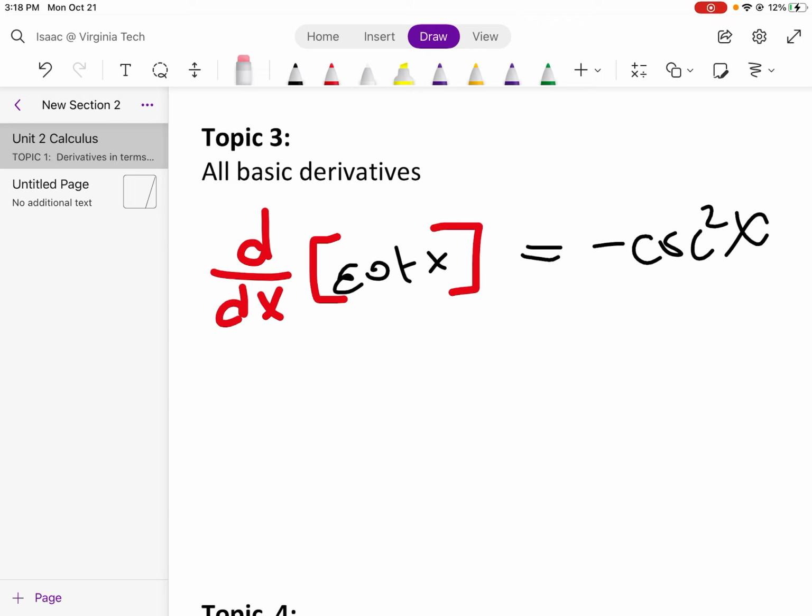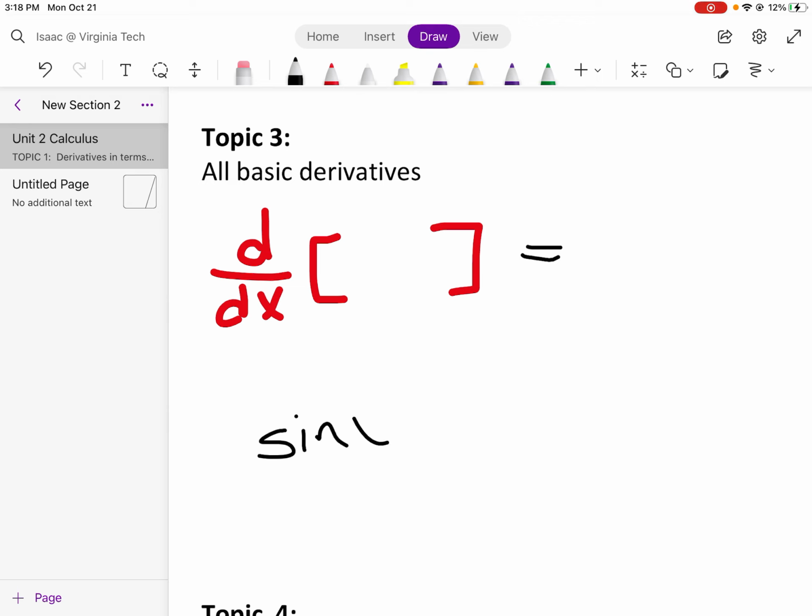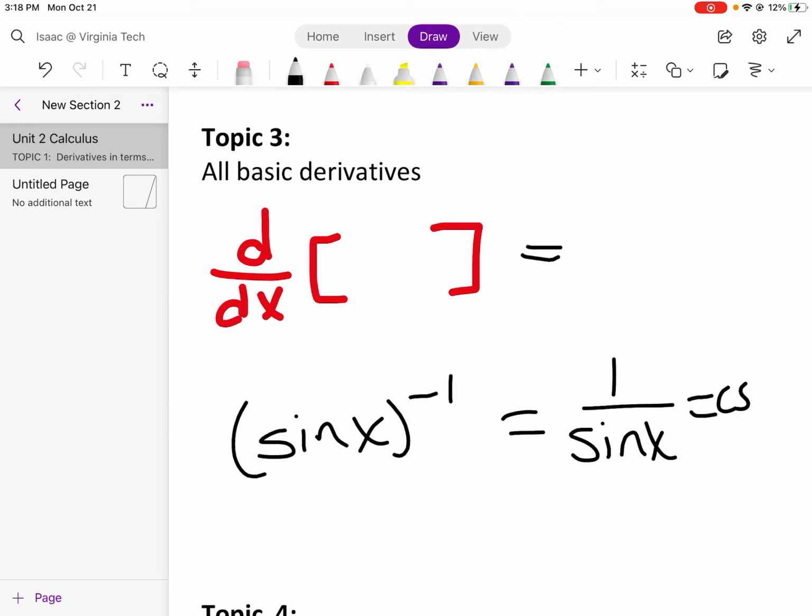Now, sadly, you also need to know 6 more, which are the arcs. So what do I mean by that? Here's something that's pretty important to remember. This, what would that equal? That's going to be 1 over sine of x, and that's also what we call cosecant of x, right?